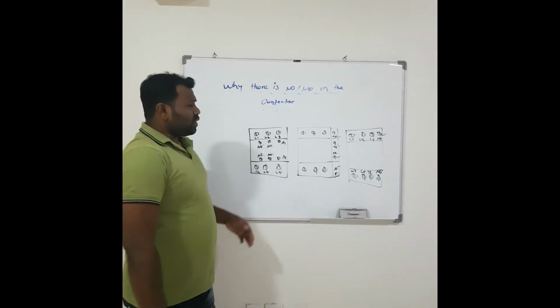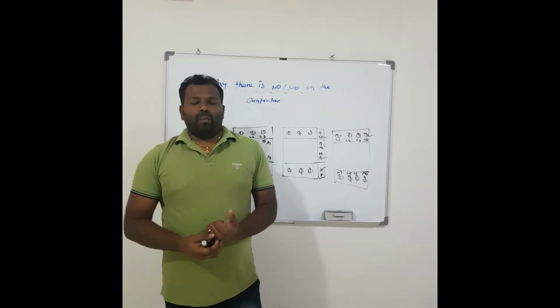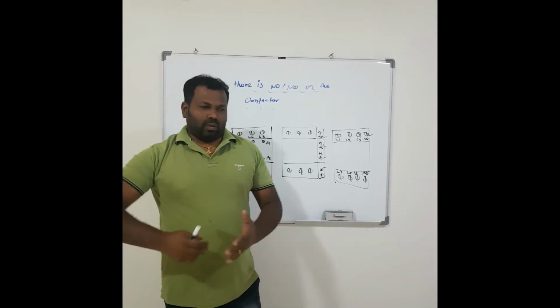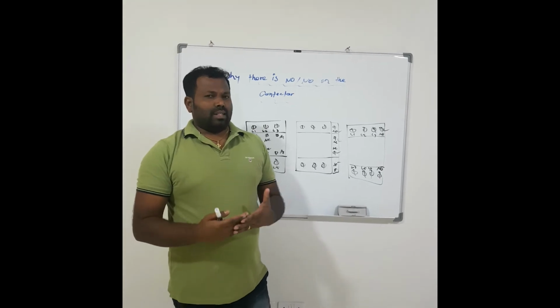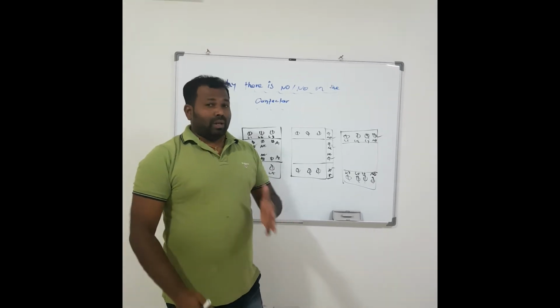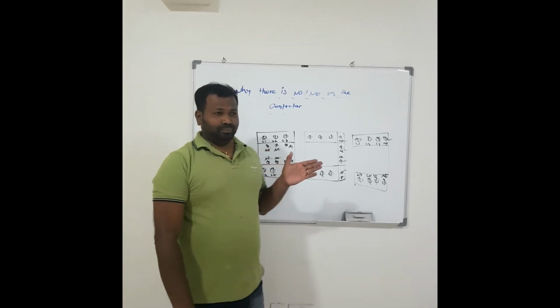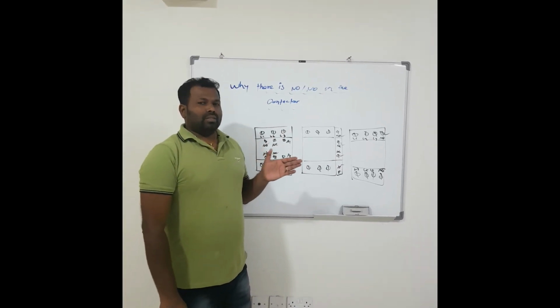Basically, this NO and NC is called normally open and normally closed. It is also called auxiliary contacts. So what is NO and what is NC? Normally open, normally closed. But what is that normally? Since it is located on the contactor, normally means when the contactor is not energized.